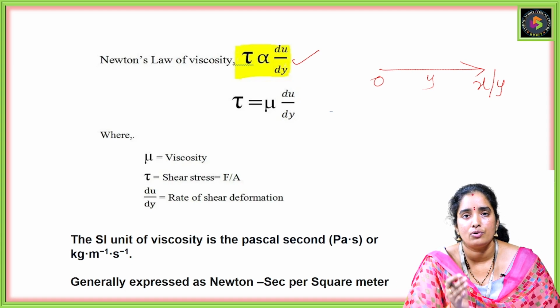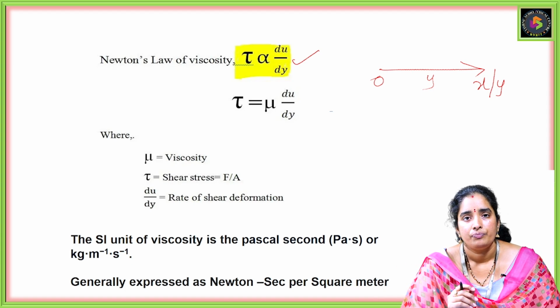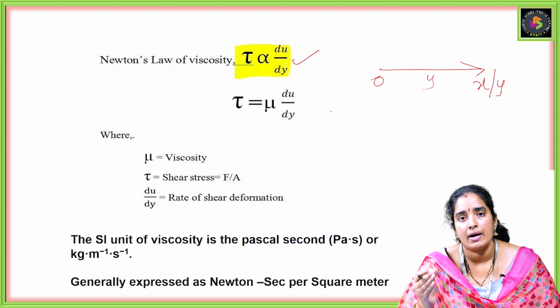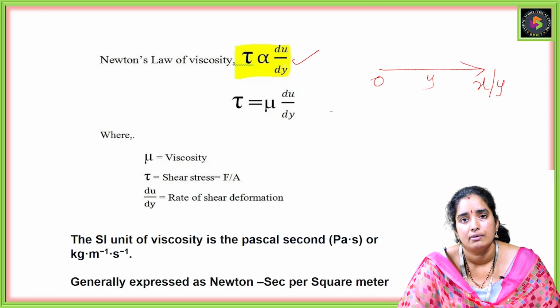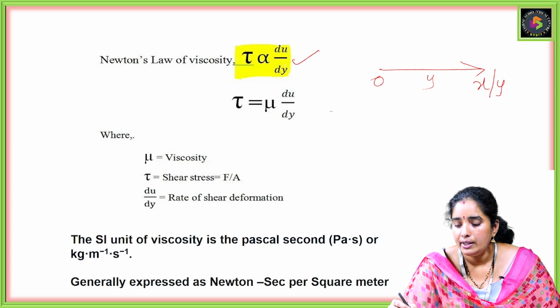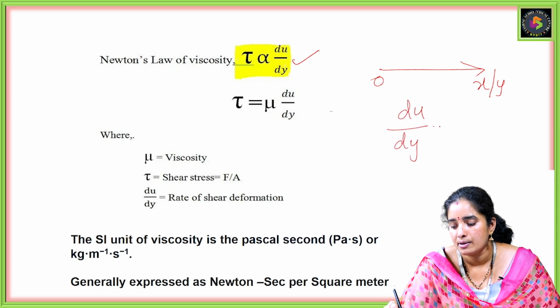If I pour a glass of water on the floor, then observe the flow behavior. At the initial point, it has high velocity. Passing from distance to distance, the velocity of the fluid gradually decreases. Right? If I write the ratio of velocity to distance.